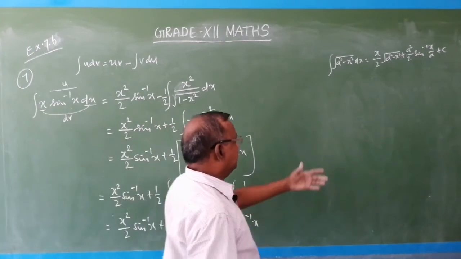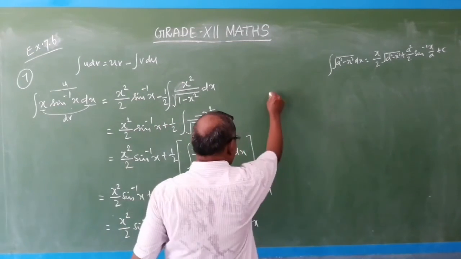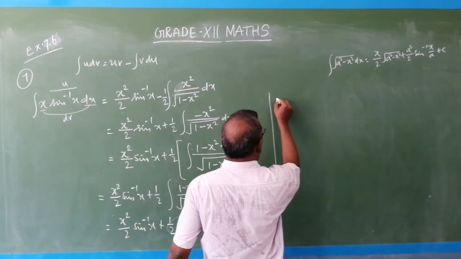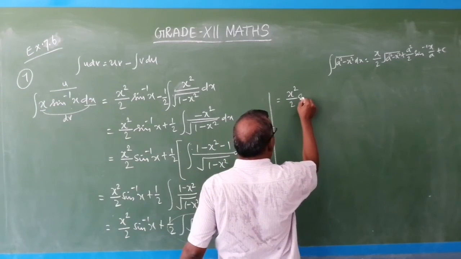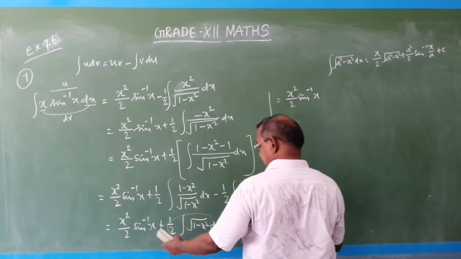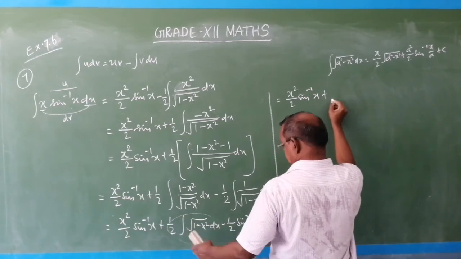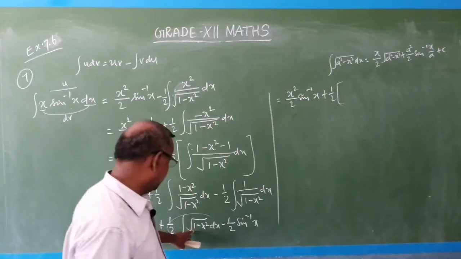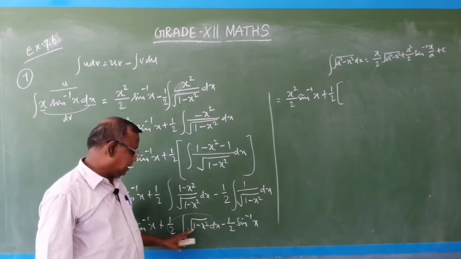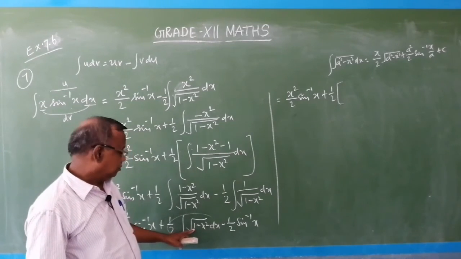Just listen to this formula. Now, accordingly, this is equal to x square by 2 into sin inverse of x plus 1 by 2 into the integral of root of 1 minus x square. So, a square is 1 square, that is 1, so a is 1.